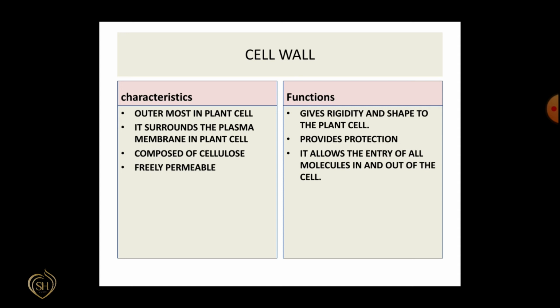Its main functions are: it allows the entry of all molecules in and out of the cell, so it is called freely permeable. It gives rigidity and shape to the plant cell. Also, it provides protection.